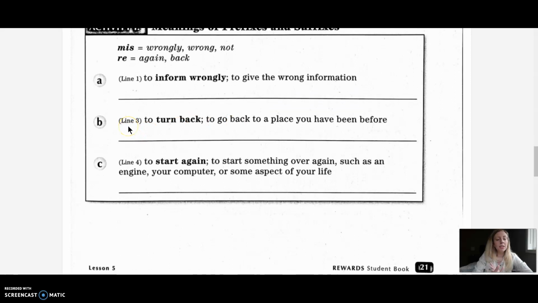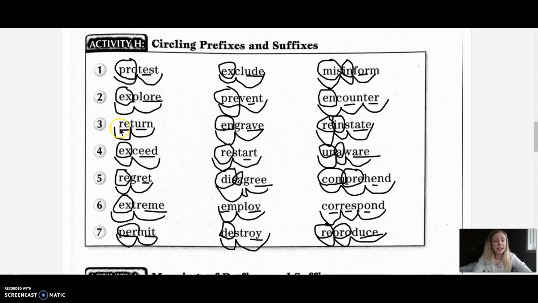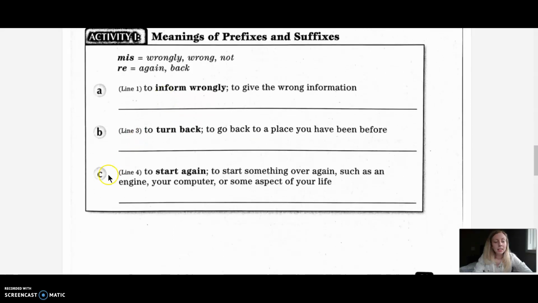All right, we're going to look at line 3 this time. To turn back or to go back to a place you have been before. So line 3, to turn back. Right, return. Remember, that's again, right? Return, to turn back.